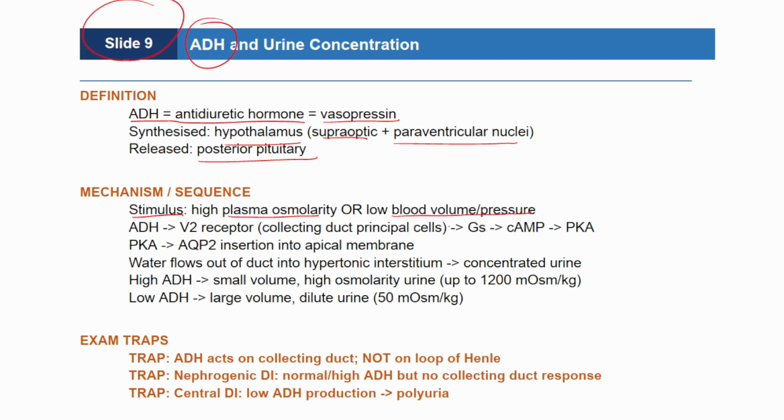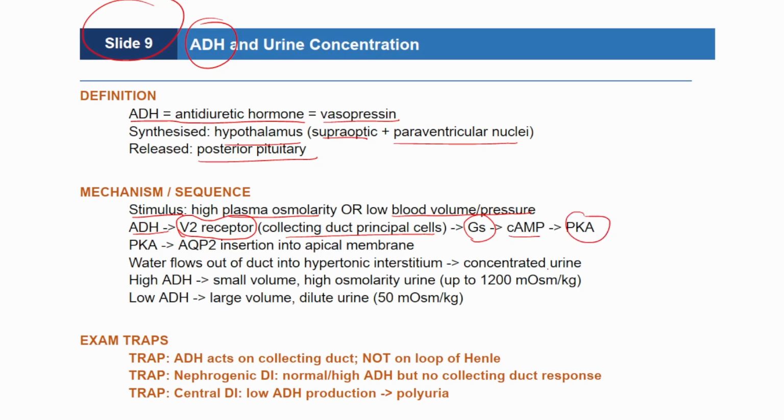Once circulating in the blood, ADH binds specifically to the G protein coupled receptors, which are known as V2 receptors, and these V2 receptors are located on the basolateral surface of the collecting duct principal cells. This binding activates the stimulatory G protein subunit, which subsequently stimulates adenylyl cyclase to generate cyclic AMP, or cAMP, triggering the activation of protein kinase A.